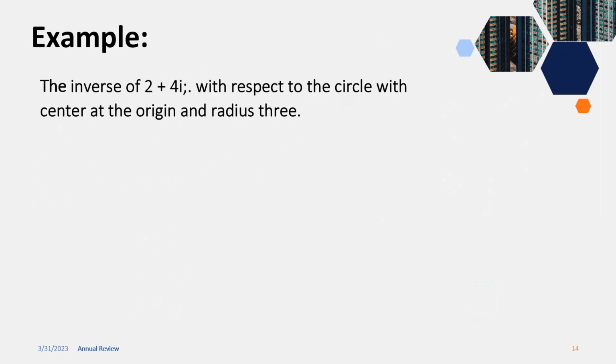For example, if we're going to solve the inverse of 2 plus 4i with respect to the circle with center at origin and radius of 3. Upon having the equation of our inversion, we have x squared plus y squared. And since the radius is 3, this right portion of our expression will be r squared, and if we square the 3, it will become 9.